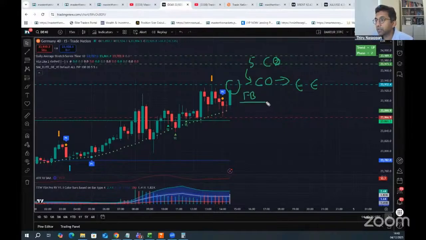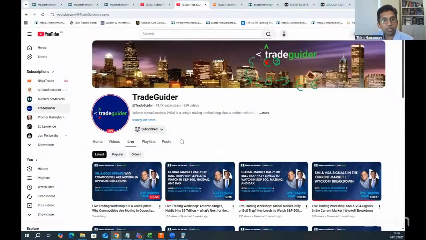So if it does a false breakout and then comes back down immediately, then we have to manage the trade accordingly. That's the most that you can do, okay? And then you have to run your numbers for the edge of your system to play itself out. So that's a little bit on the DAX trade. I'll keep an eye on that, and we'll see how that plays out.